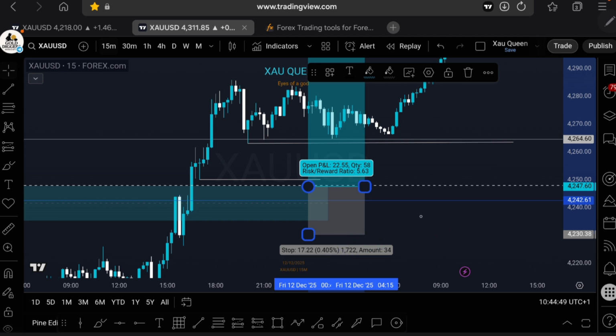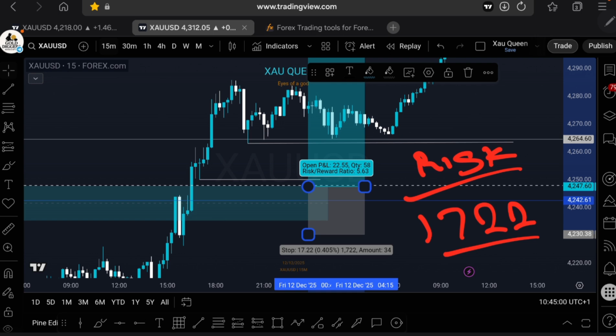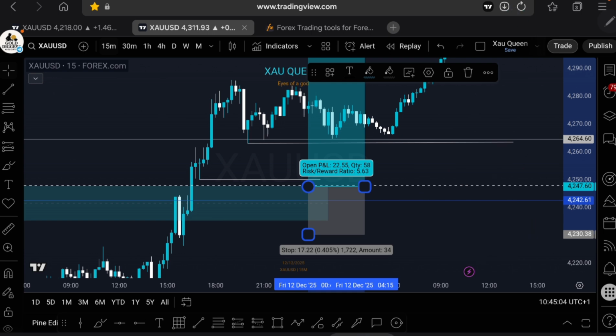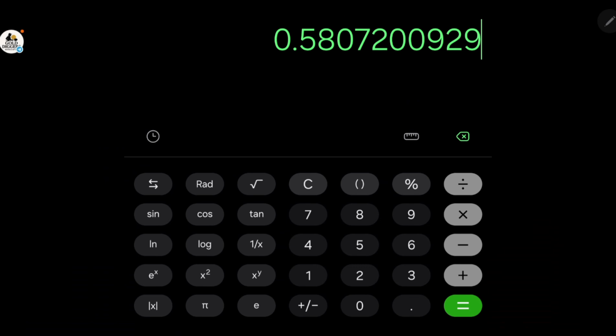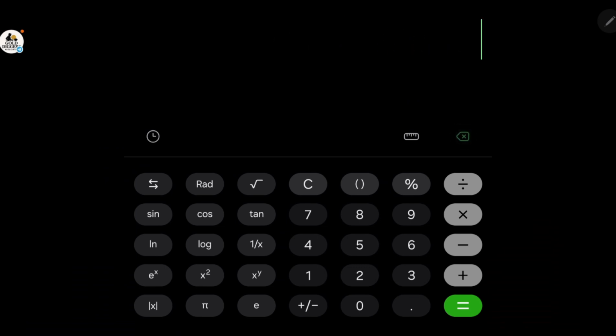So when we want to calculate our lot size, we do the amount we are willing to risk divided by this. So let's say you are willing to risk $100 here. So you're going to do $100, that's the money you are willing to risk per that trade, divided by 1722.